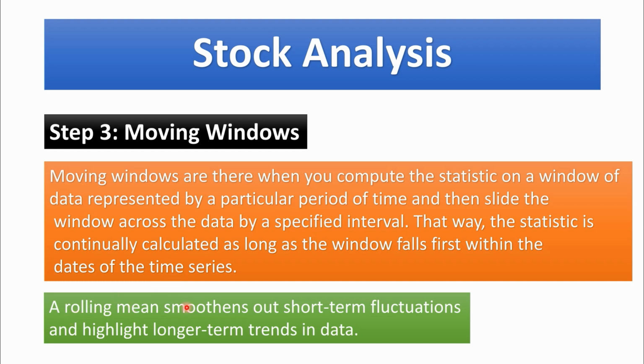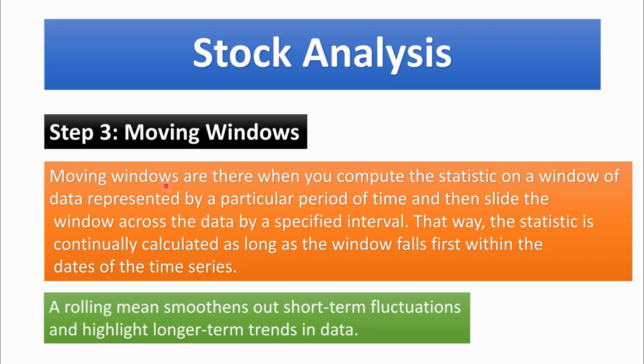And a rolling mean smooths out short-term fluctuations and highlights the long-term trend in the data. So this is what moving windows do. For example, if you have a long road and you can't see the end of that road, you start from where the road begins, and then with your speed, 20 km per hour, 30, then 40 km per hour, you traverse that road and finally reach the end of the road.